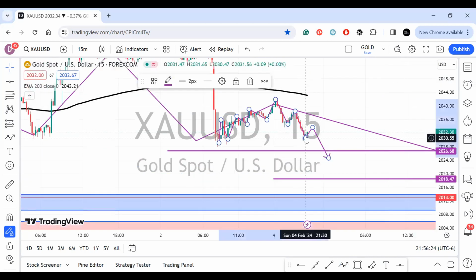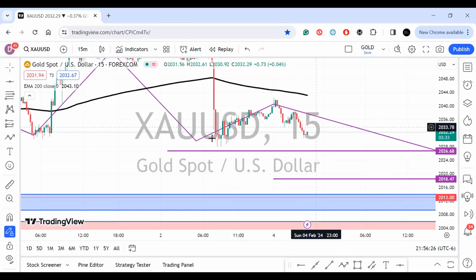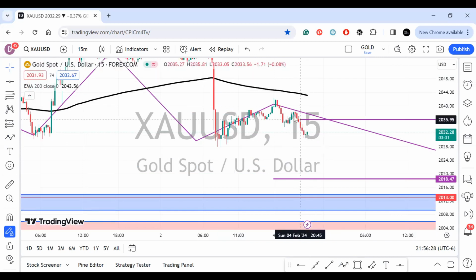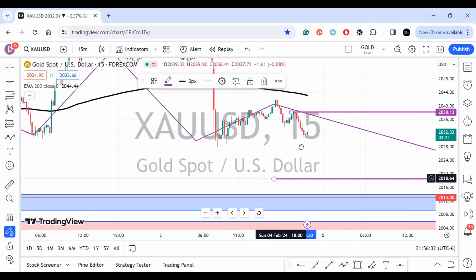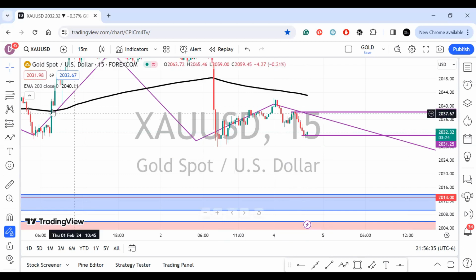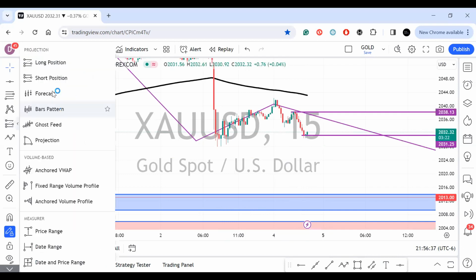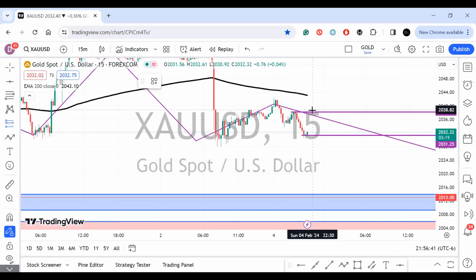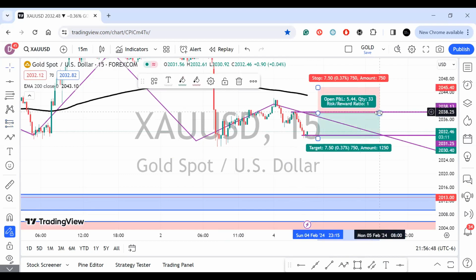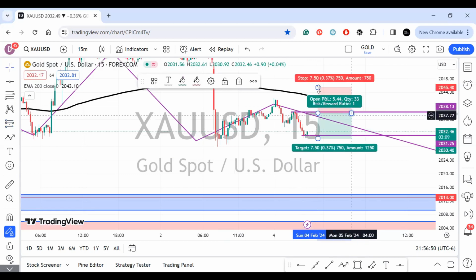I can take this one to 2013. So we're already in a confirmed sell trend. Yeah, I was able to get in at 2038. I had my entry at 2038 earlier, and my temporary stop loss was 2042.